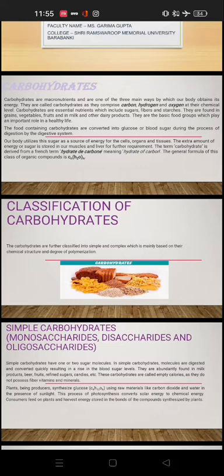They are found in grains, vegetables, fruit, milk and other dairy products. They are basic food groups which play an important role in a healthy life. The food containing carbohydrates is converted into glucose or blood sugar during digestion by the digestive system.